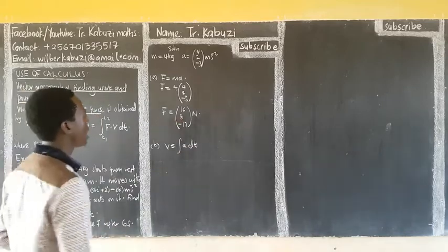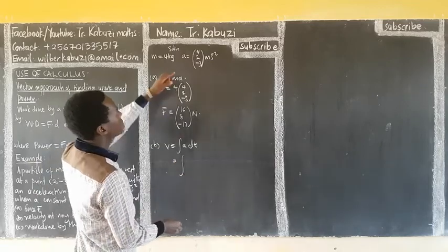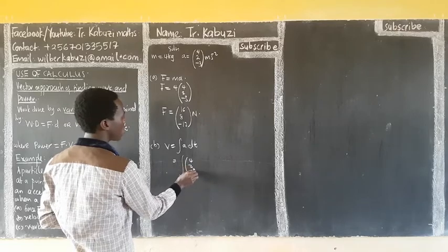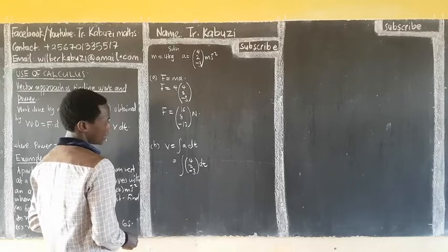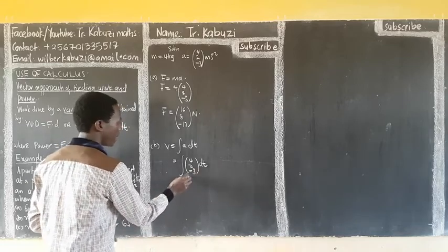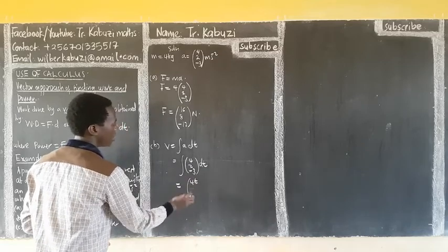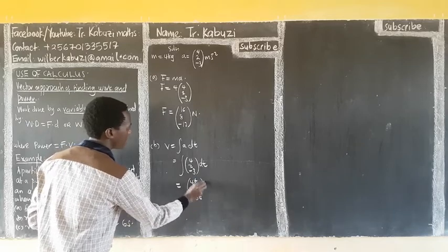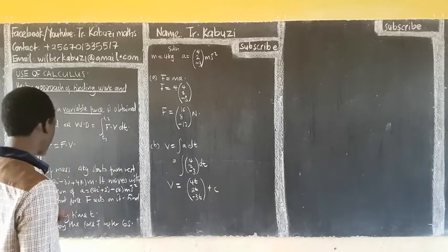So we substitute the acceleration, which is (4, 2, -3), integrated with respect to t. When we integrate 4, we get 4t. When we integrate 2, we get 2t. When we integrate negative 3, we get negative 3t. Now plus a constant of integration.